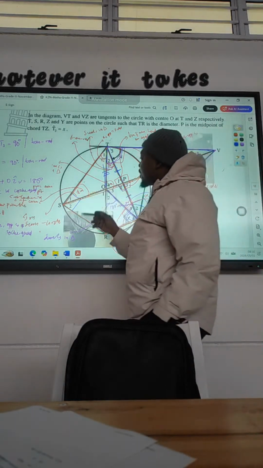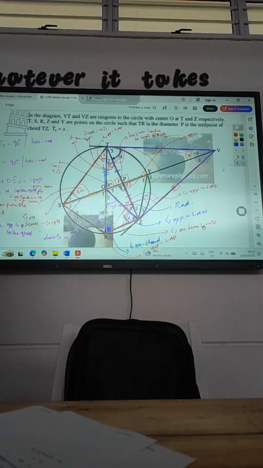And then we'll know that the two lines are parallel to each other. Use the diagram.